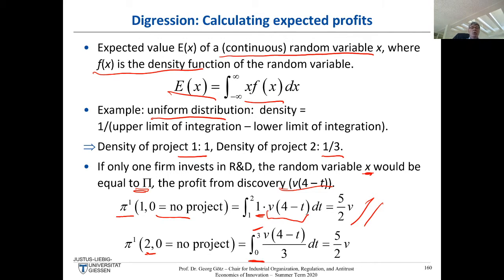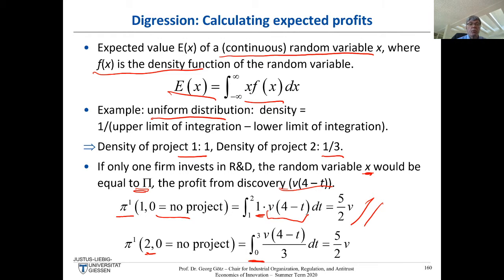So it should be clear. Now here you get the 3, and that's just from our 1/3 from our density times again our random variable, which is just the profit here. And again, the expected value, as I told you, with 1.5 as the expected date of discovery, is 2.5.